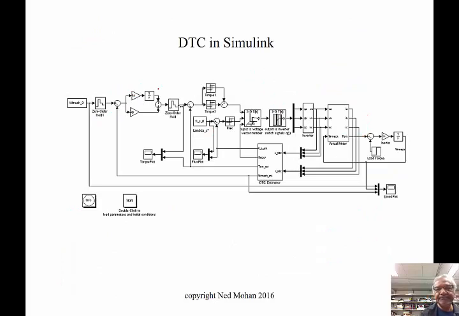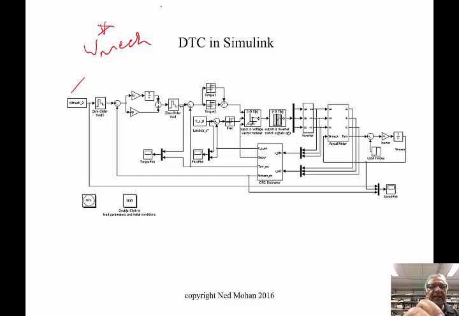So here is a Simulink block diagram, which we should go through in detail. It's a fairly complex diagram, but here it shows the reference speed mechanical, and let's say you want to keep this constant.